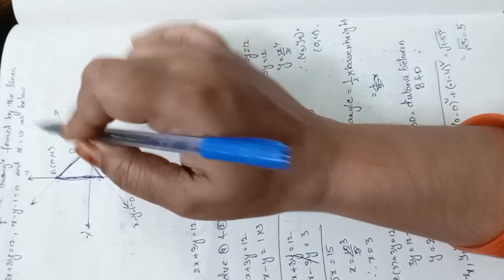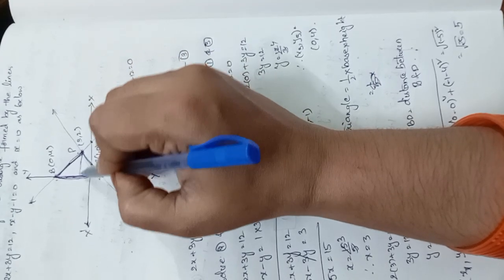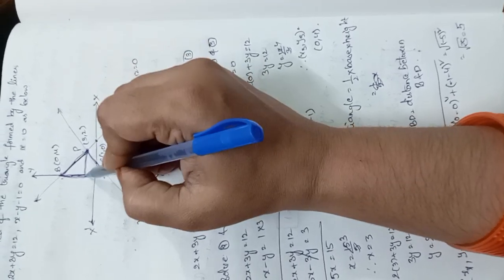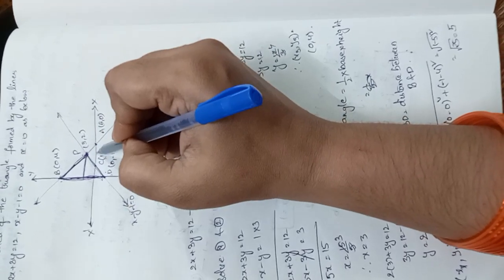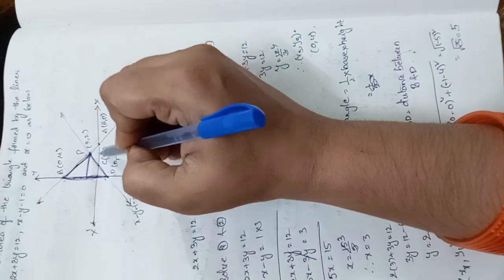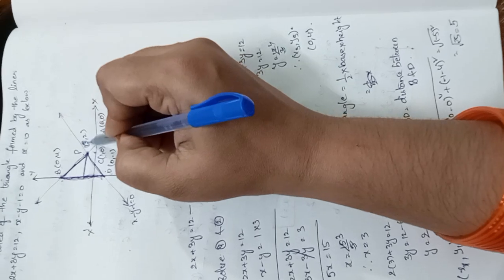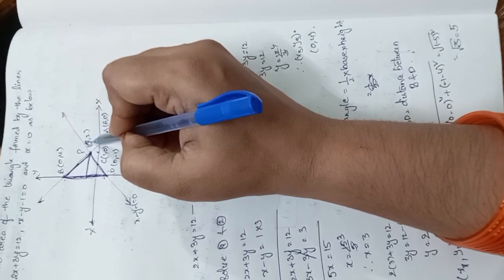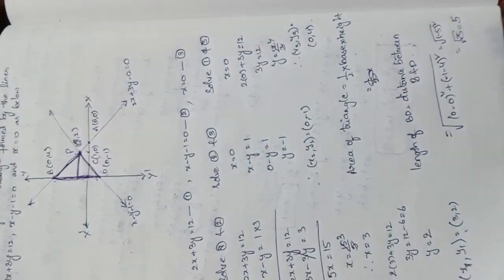Now what do we want? Height. This will be the height, right? From here to here, how much is it on the x-axis? From 0 to this point, the x-coordinate is 3. So the height from here to here is 3.